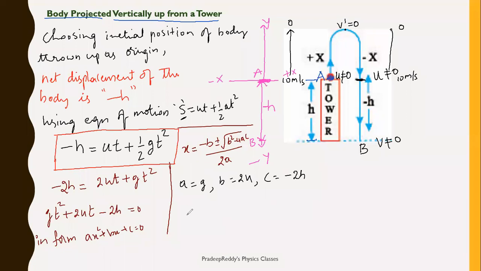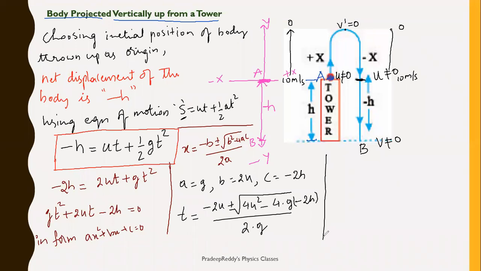Now t is equal to minus 2u plus or minus under root b square, 4u square minus 4 into a into c, minus 2h, divided by 2a into g. Clear? Now, this gives you t as minus 2u divided by 2g, that is minus u by g.